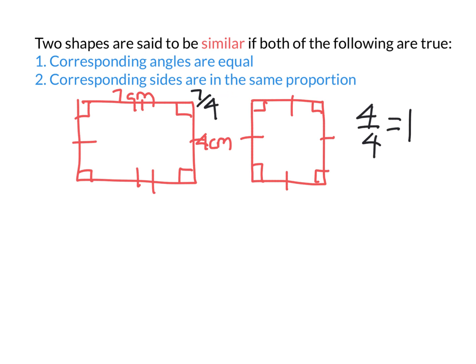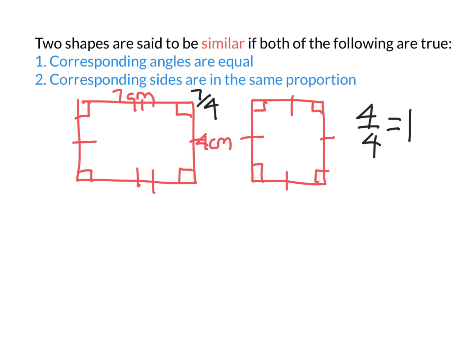The scale factor is not the same, so the sides are not in proportion. In other words, for these two shapes, I don't multiply the shorter side of the square by the same number that I multiply the longest side of the square to get the corresponding side in the rectangle. So these two satisfy the first condition, but not the second, so they are not similar.